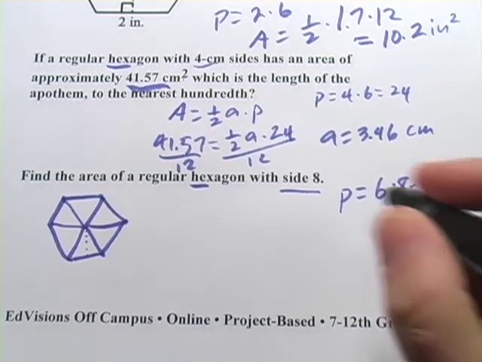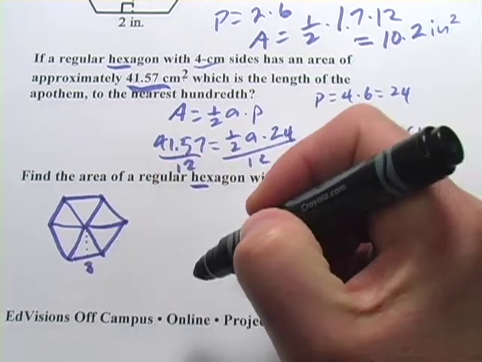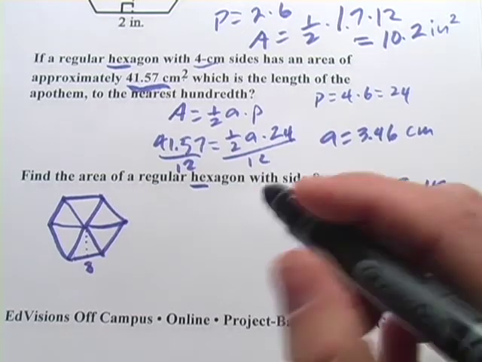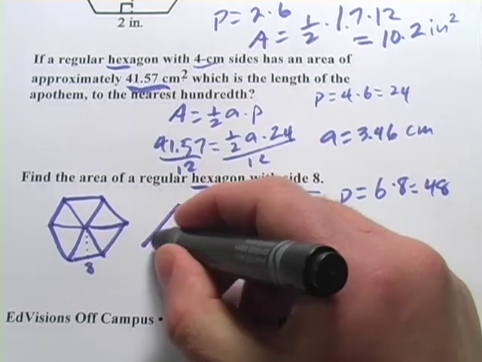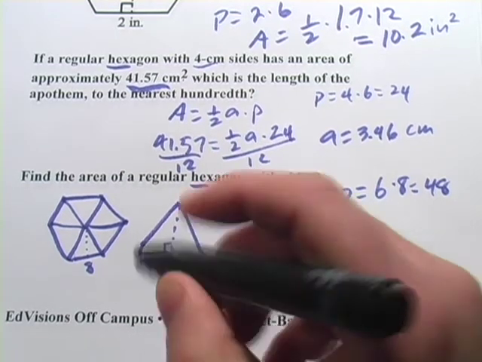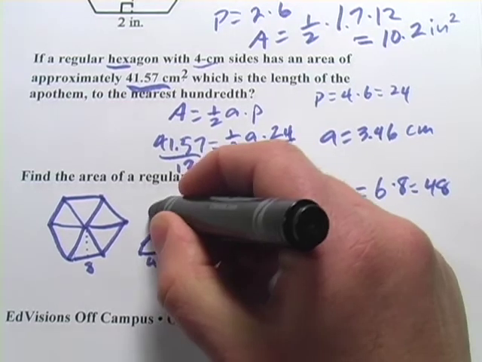And the sides here are 8. So with that information, if we know this triangle is an equilateral and this side is 8, we can figure out what that altitude is there, which is the apothem. Let me just pull that equilateral out here. So we've dropped our line down there, our perpendicular. That cuts this side into 4 and 4. We know this side is 8.